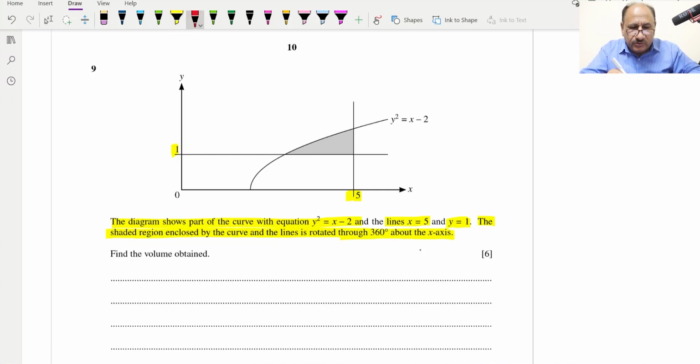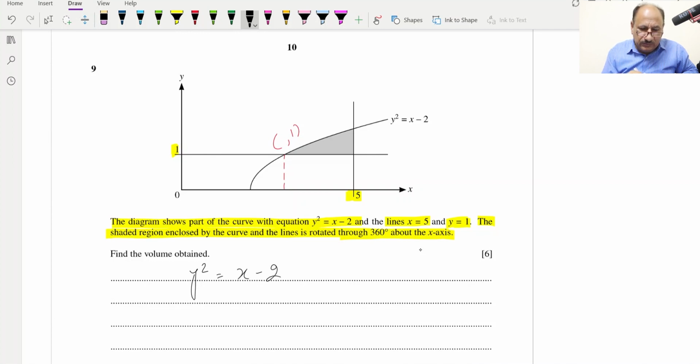Basically this point will be what? We can take the coordinates of this point. Y value is 1, so we can replace it in the given equation. The given equation is y squared is equal to x minus 2.